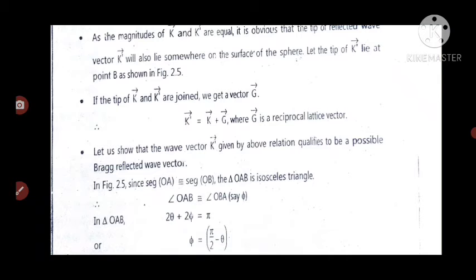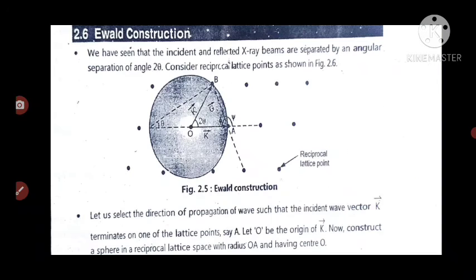Let us show that k bar prime qualifies as the possible Bragg's reflected wave vector. In the figure, the segment OA, from the origin to point A, is the radius of this sphere, and it is equal to segment OB in this Ewald construction.